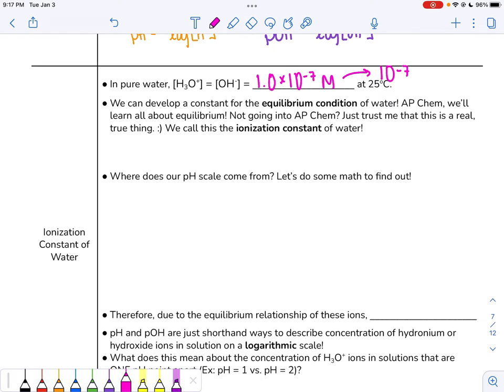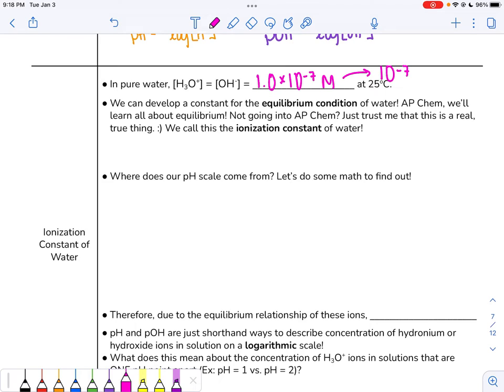So we can develop what's called an equilibrium constant to talk about the equilibrium condition of water. When we're talking about equilibrium, like I said earlier, it's that process of water breaking down into the ions and then those ions coming back to reform the water. We are not really going to talk about equilibrium in this class, but it's going to come up a lot in AP.